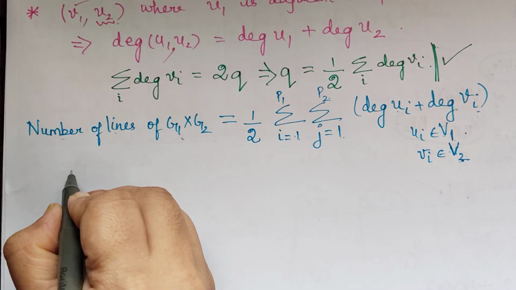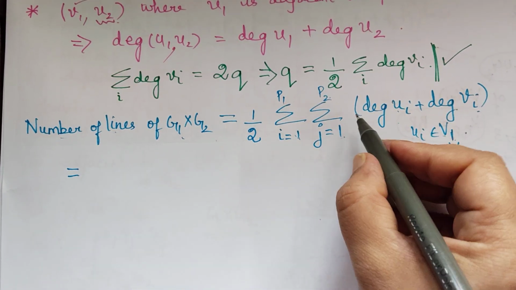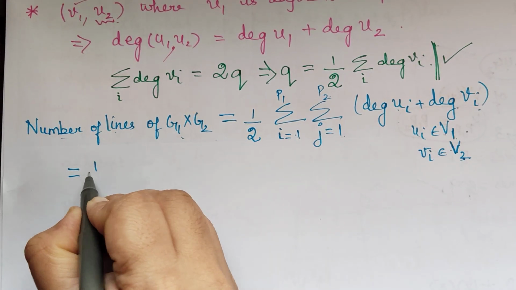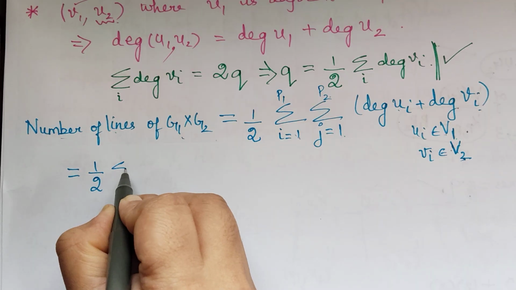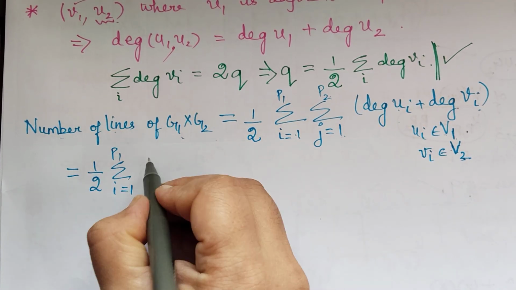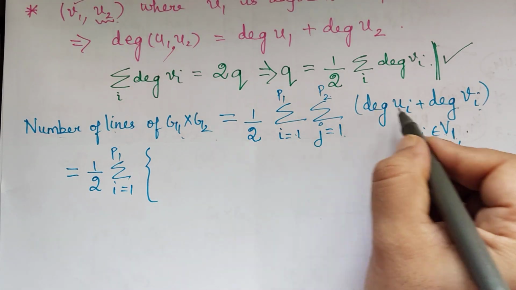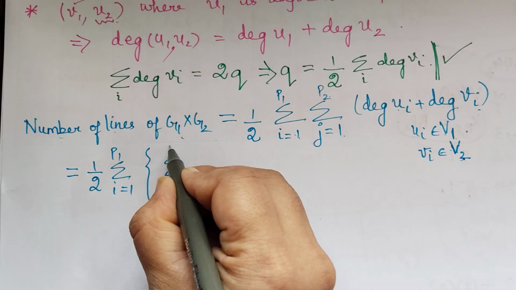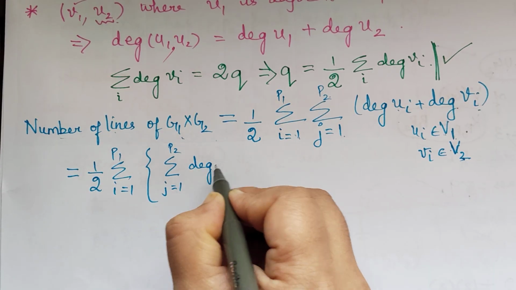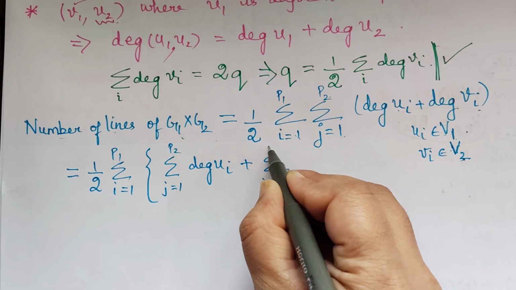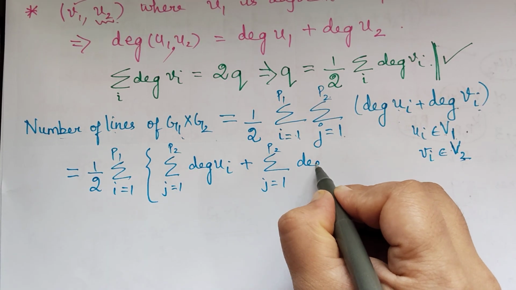Now we will take this summation into each of the terms separately. So first we will write this 1 by 2 as it is, and this summation we will have as first, i equal to 1 to P1, and we will take this one within the bracket. So it will be summation j equal to 1 to P2, the first is degree of ui, plus summation j equal to 1 to P2, degree of Vj.